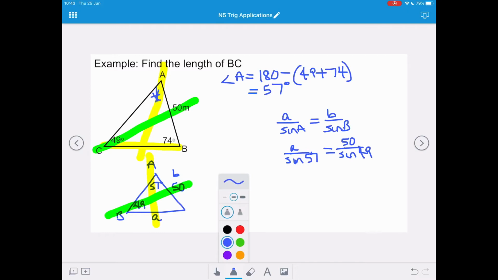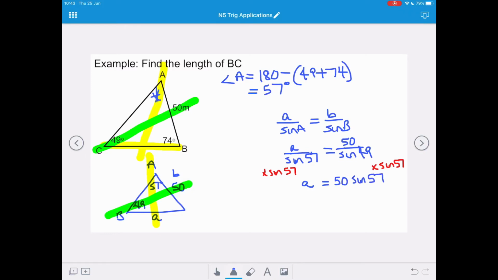Now again, we want to isolate a to find the length of BC, and so we're going to multiply both sides by sine of 57 to get rid of the fraction. And so the length of a is going to equal 50 multiplied by sine 57 all over the sine of 49.